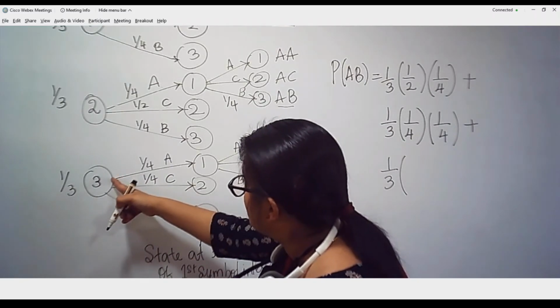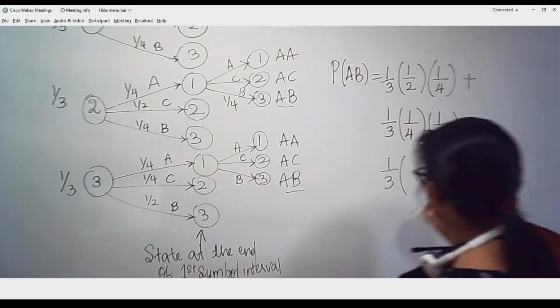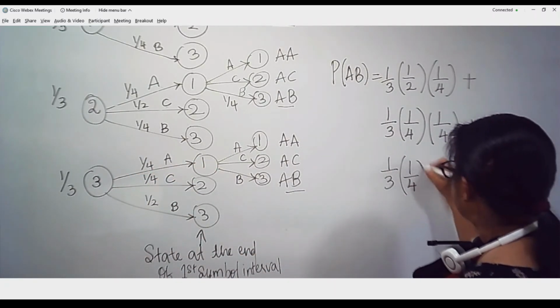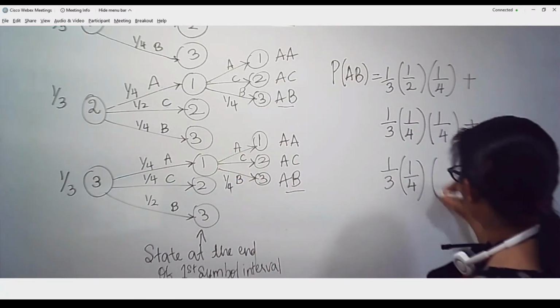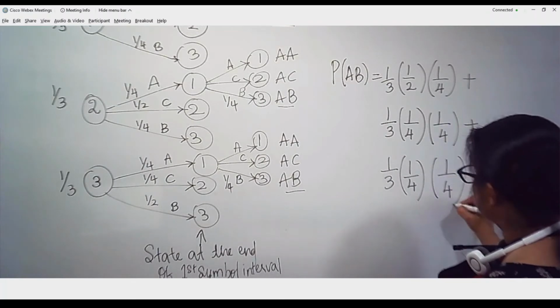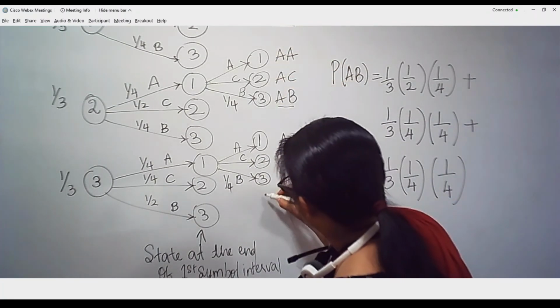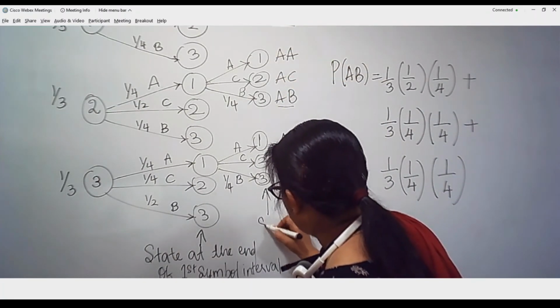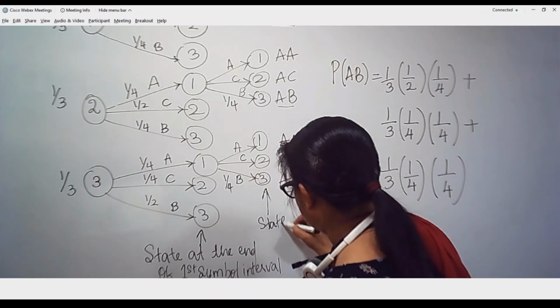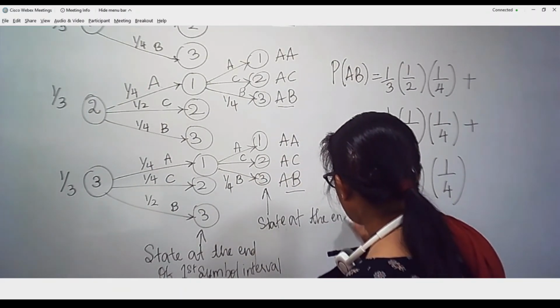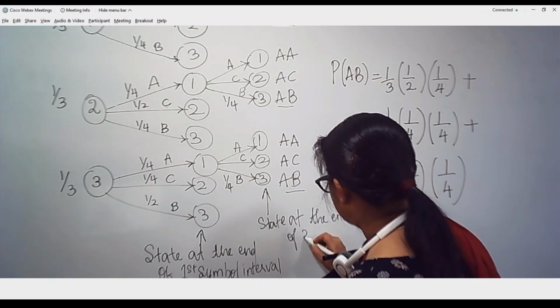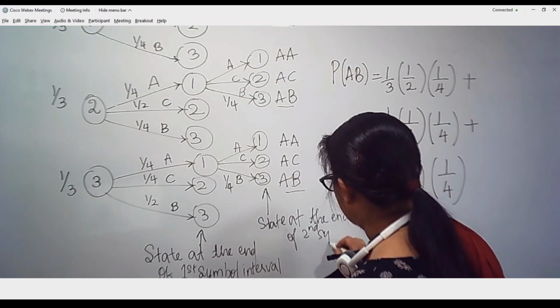Moving from 3 to 1 to get an A is 1 by 4, and moving from 1 to 3 to get a B is again 1 by 4. And remember, this is the state at the end of the second time interval, or the second symbol interval.